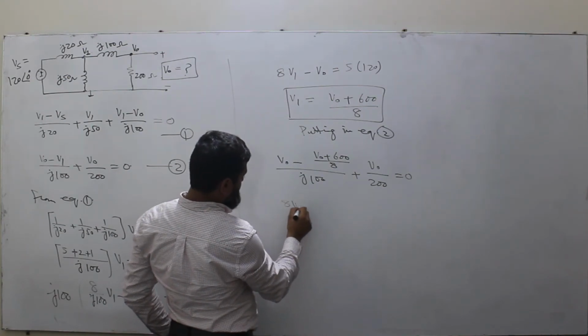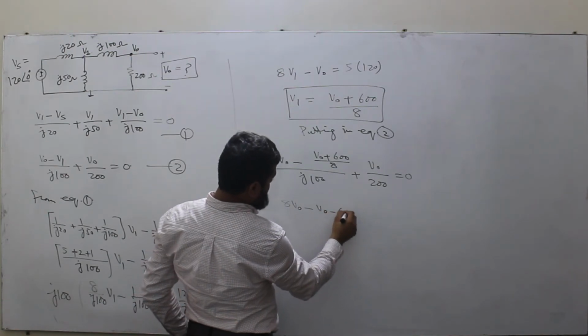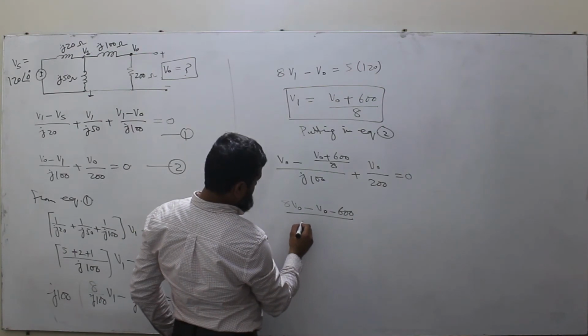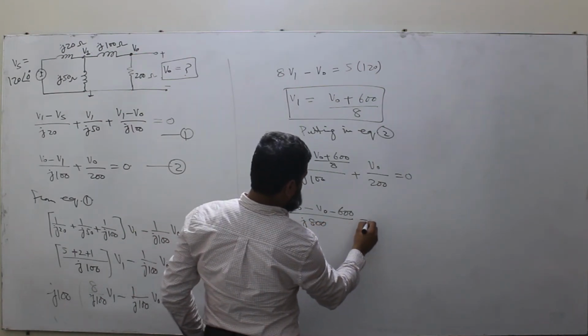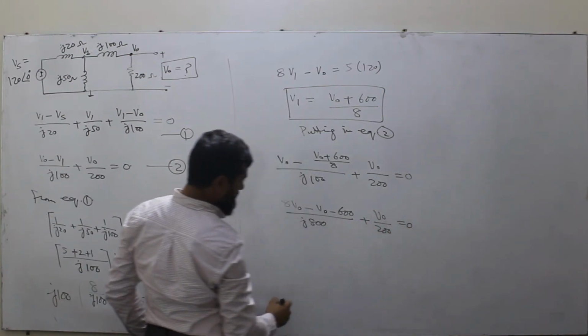Simplifying this, 8 V0 minus 600 divided by j800 plus V0 over 200 is equal to 0.